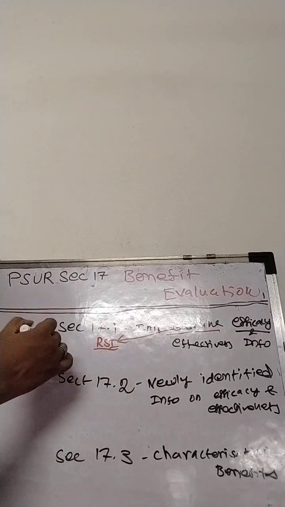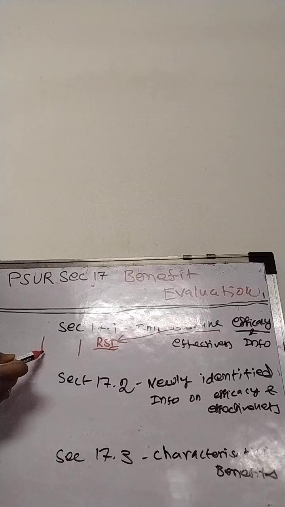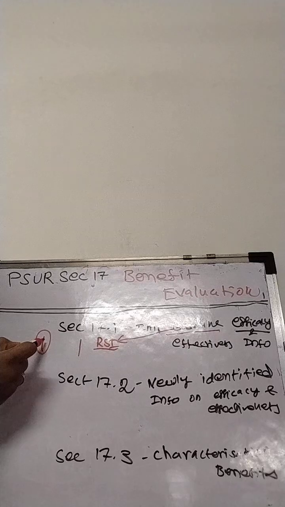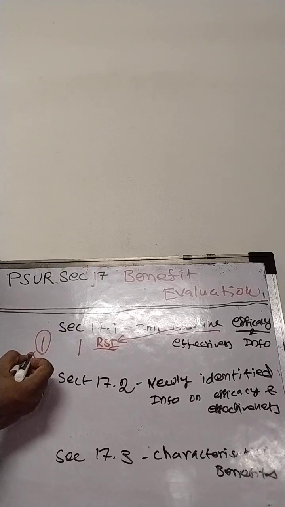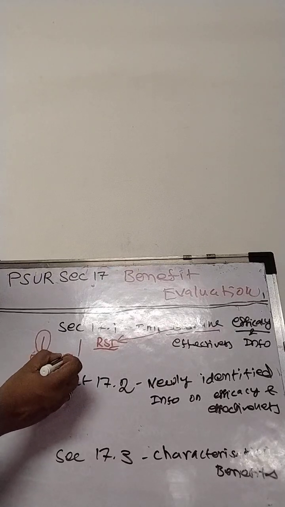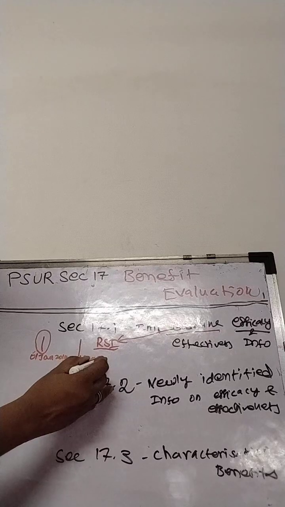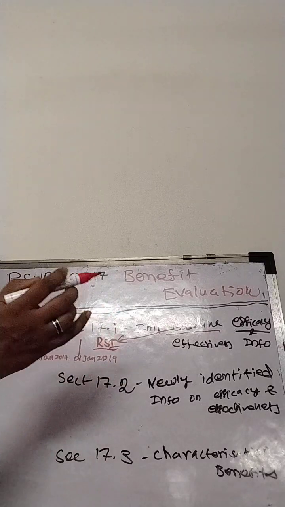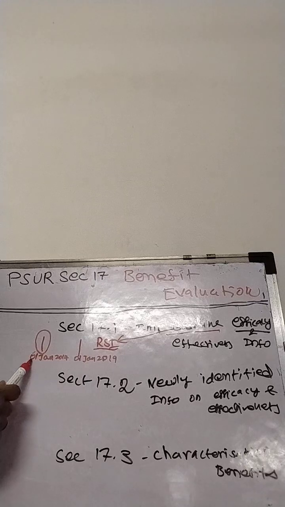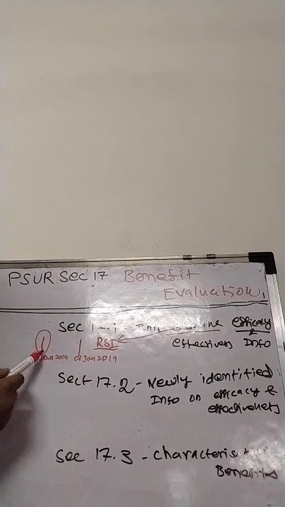It means for the PSUR, if you are writing for a one-year period, the RSI which was effective at the beginning of the period is used in this section. For example, if the period starts on 1st Jan 2024, you need to check which RSI was effective on that date.